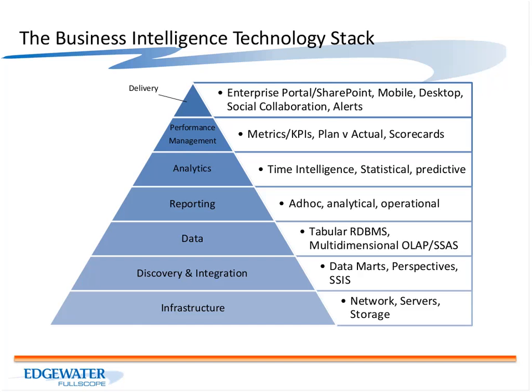Analytics, don't forget about analytics. You've got predictive analytics, statistical capabilities, and the whole idea of time intelligence in order to view and report on your data either week over week, month over month, 3-month rolling average, year over year, 12-month rolling average, those types of things.